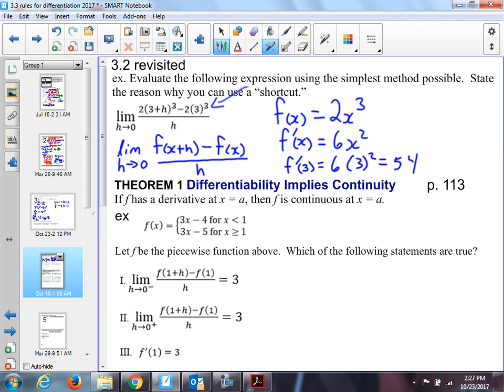Now, my point is that you're going to come across multiple choice questions, almost guaranteed on the exam. And they will give you limits that look like this. And you might get sucked in and start doing this limit, which you can do, but it'll take you at least 2 minutes. If you recognize right away, hey, that's the definition of the derivative, you could just do a shortcut. What is the derivative of 2x cubed, and then I plug in my 3.